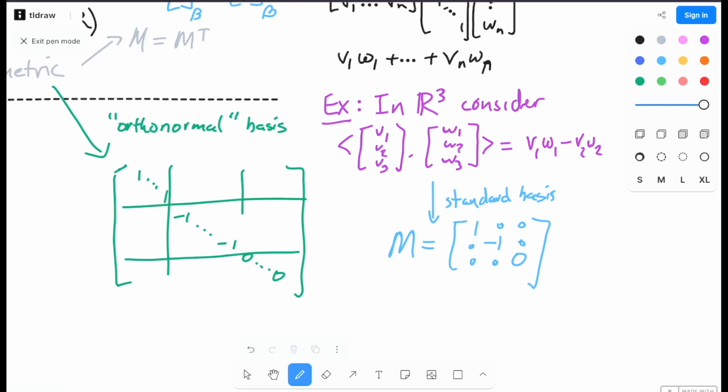And just to have some terminology, or some notation, I'm going to say that for some basis, we have some number of, I'm going to call these positive vectors, right? Vectors whose form with themselves is positive. And then these are negative vectors.